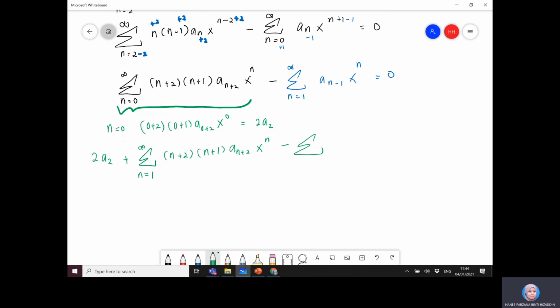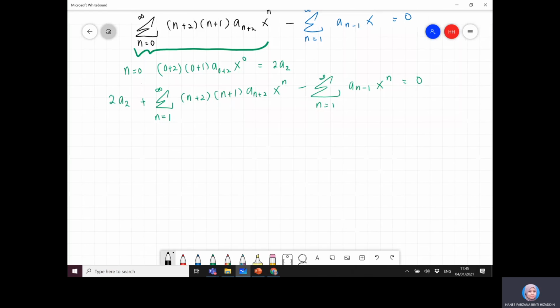And also the second series here, this one also starts from n equals to 1. Yeah. So now it starts at the same index of x and the same starting value of n, and then we can combine the series.